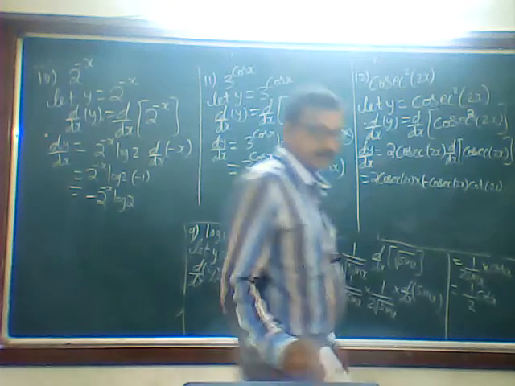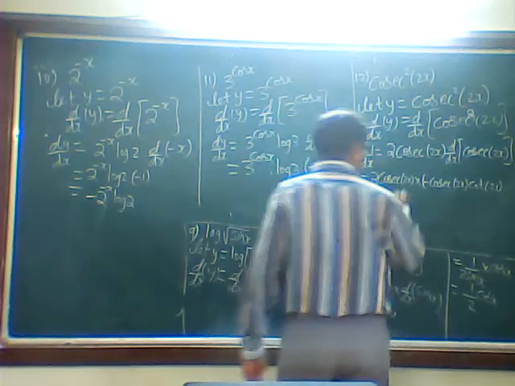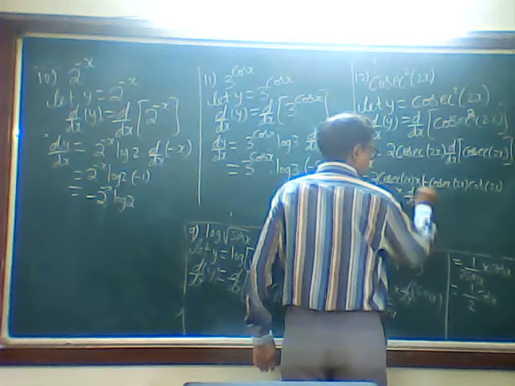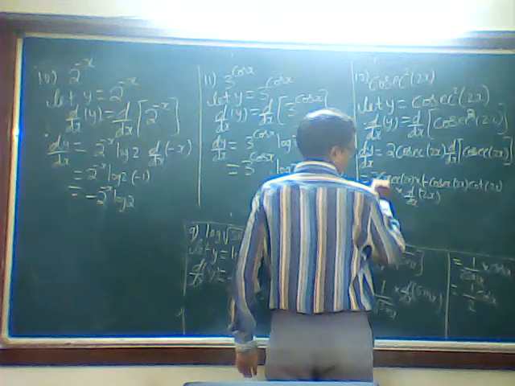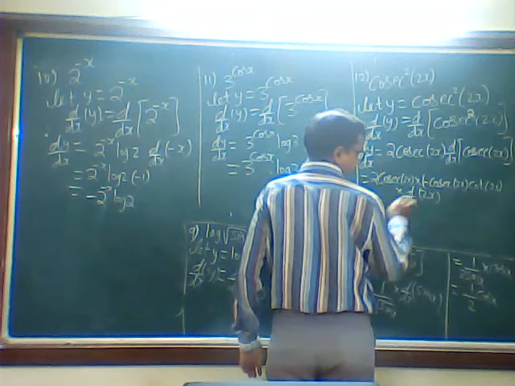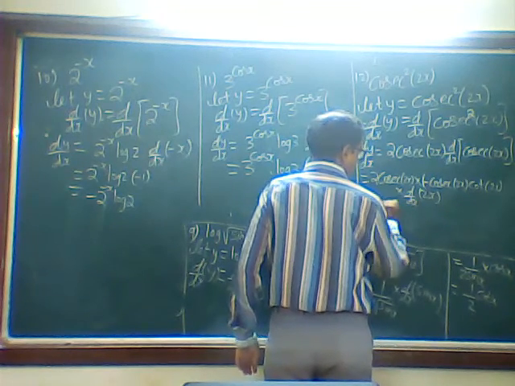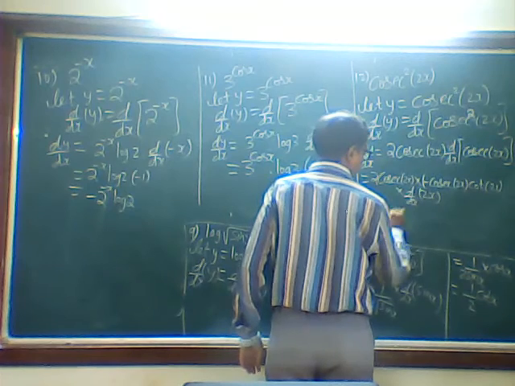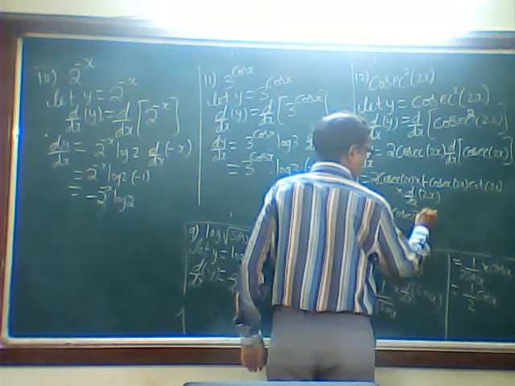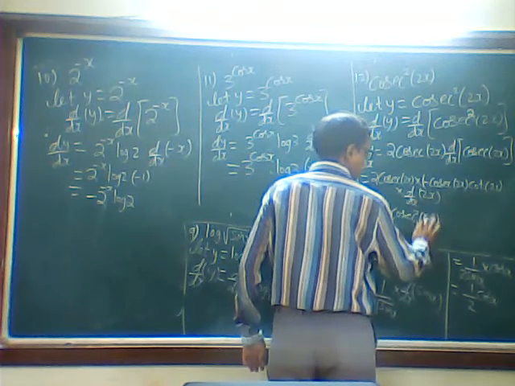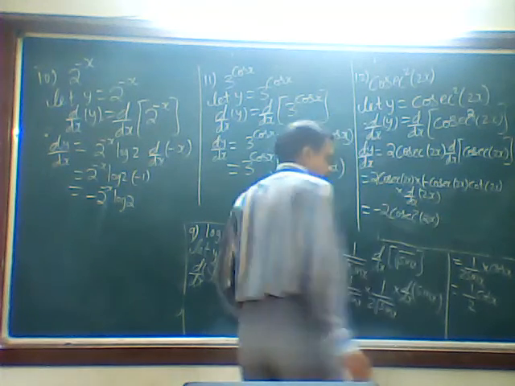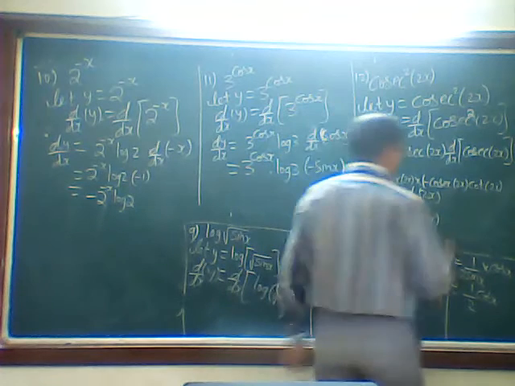I'll write it down. Into, now here 2 into minus 2 cosec into cosec is cosec square of 2x, into cot of 2x.